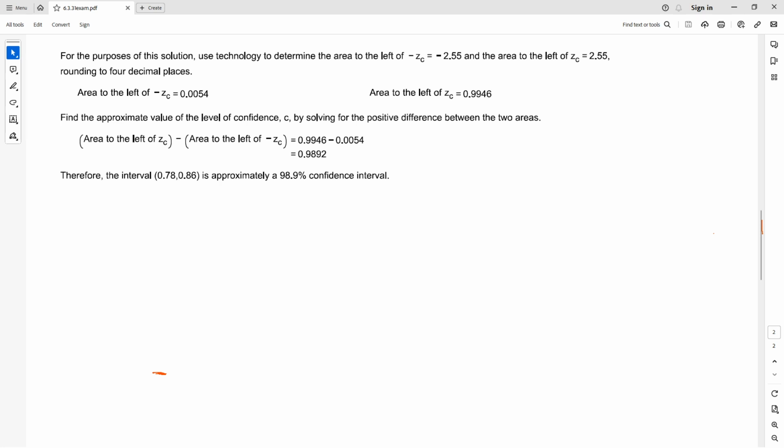We want in between. Our mean is 0, since we're working with z-scores. Standard deviation is 1. On this side I have negative 2.55, and on this side a positive 2.55. Then I compute, and it gives me the area in between.